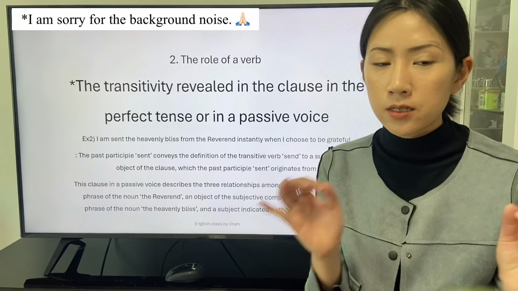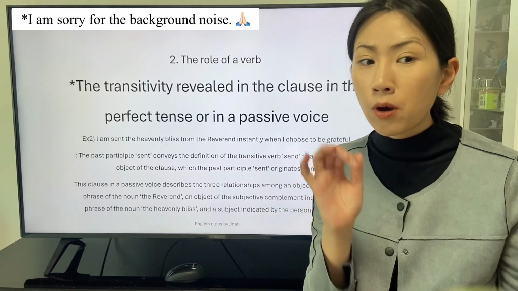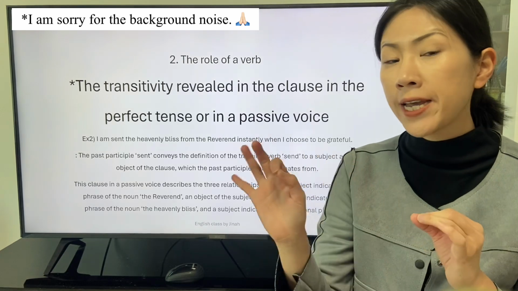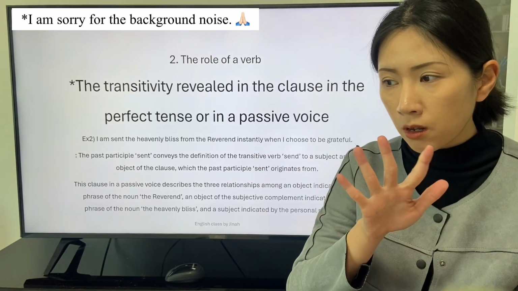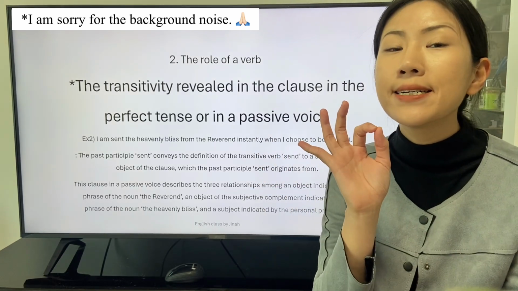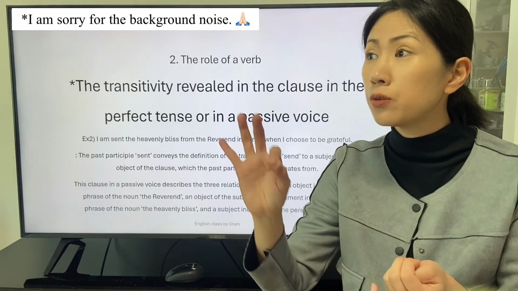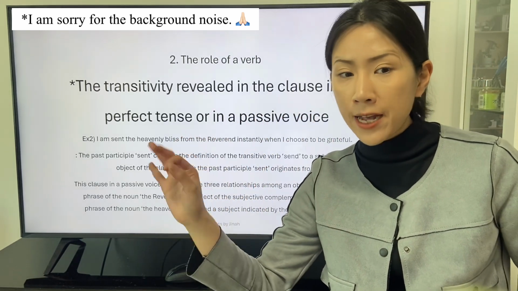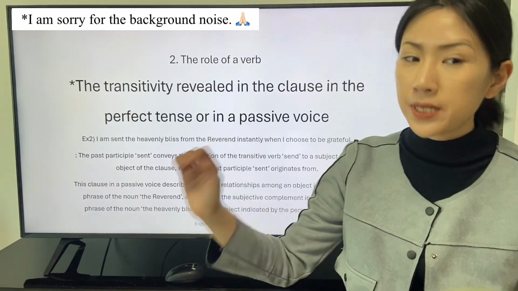The point is that the past participle sent remains to convey the definition of the verb send to an object indicated by the phrase of noun, the heavenly bliss.